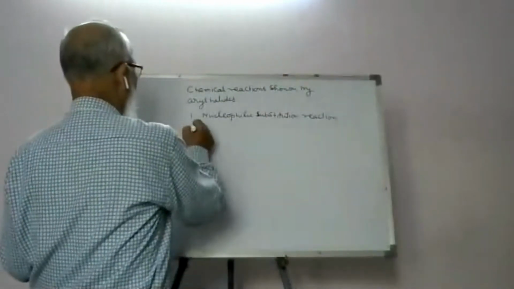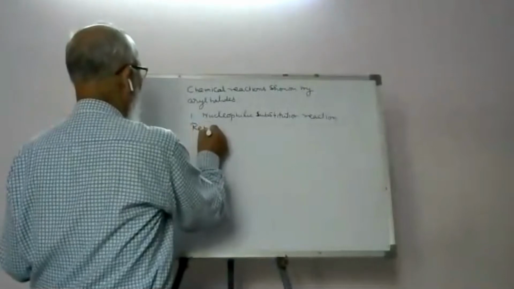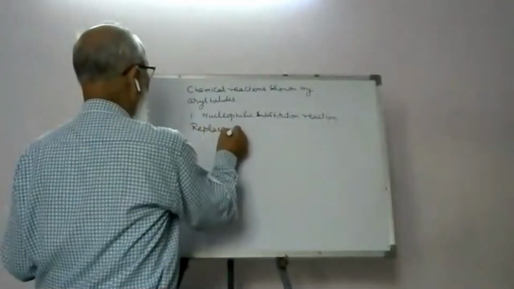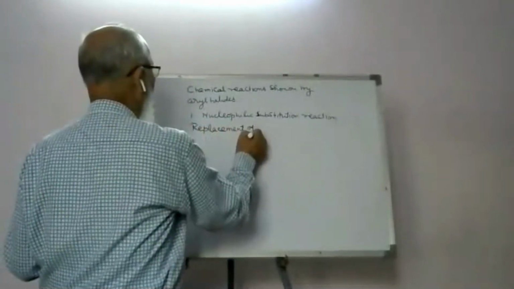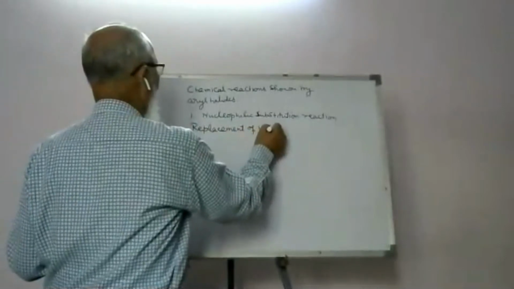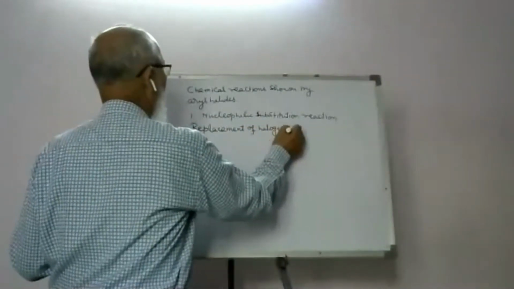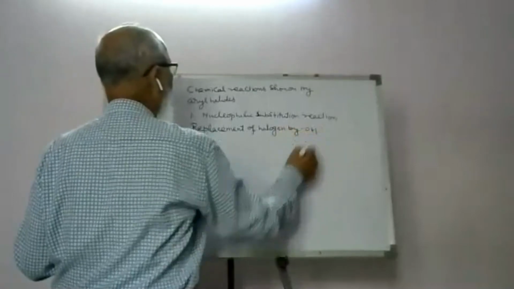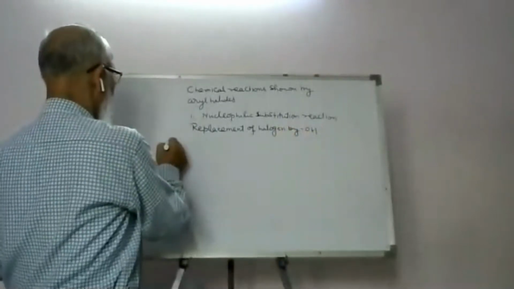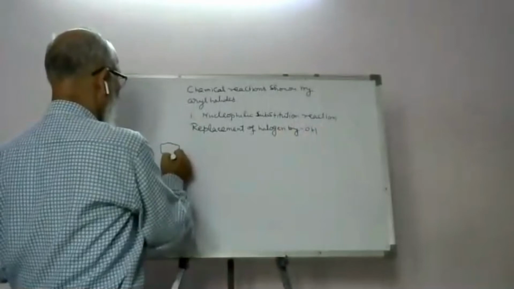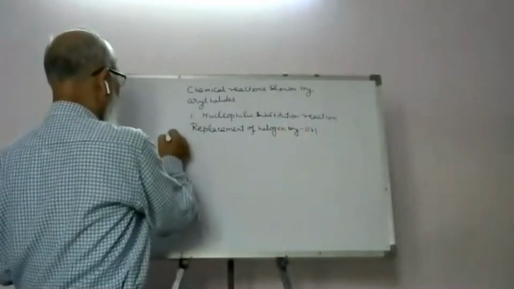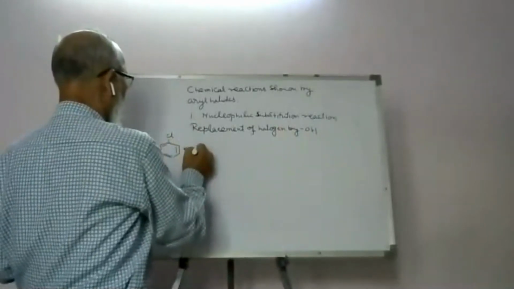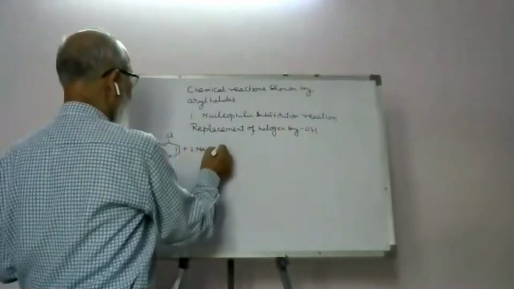So, as for example, if you have to do replacement of halogen by OH group, so this is your chlorobenzene with 2NaOH aqueous.